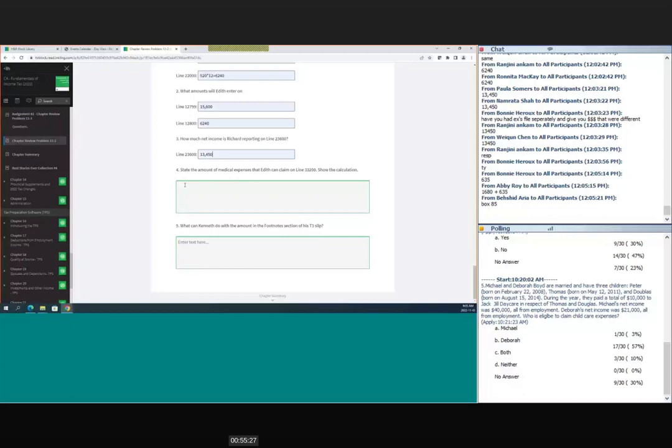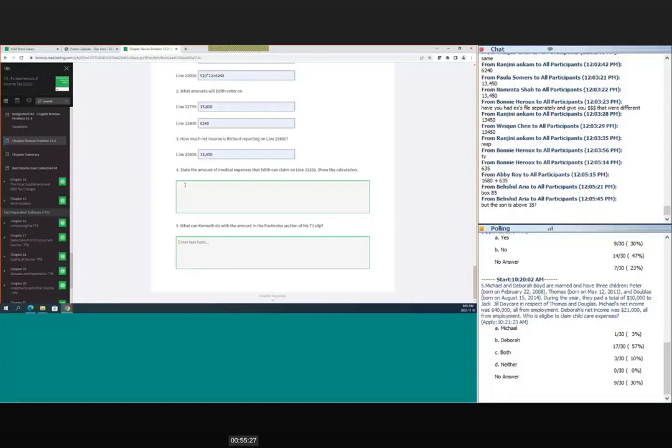So the tricky part comes from the fact that we need to know Edith's net income because we need to know the threshold, right? And so what happens when we have a dependent, such as her son, who's over 18, and she paid medical on his behalf? So whose income number are we going to use for the son, Edith's or the son's? The son is above 18, correct.